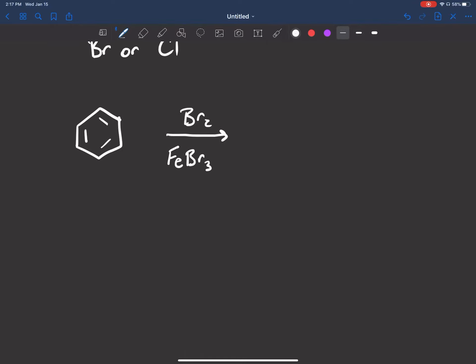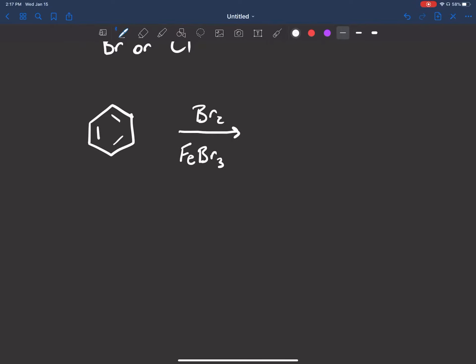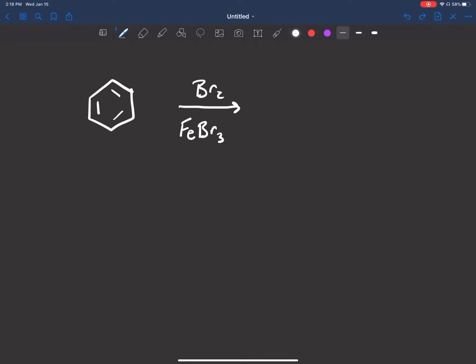All right, so how does this work? So to show the full mechanism, we have to show what happens between these two things, because Br2, right, since we said benzene isn't that good of a nucleophile, it's too stable, we want to make Br2 more electrophilic than it already is. All right, so this is what's going to happen. Here's our Br2, and here's FeBr3.